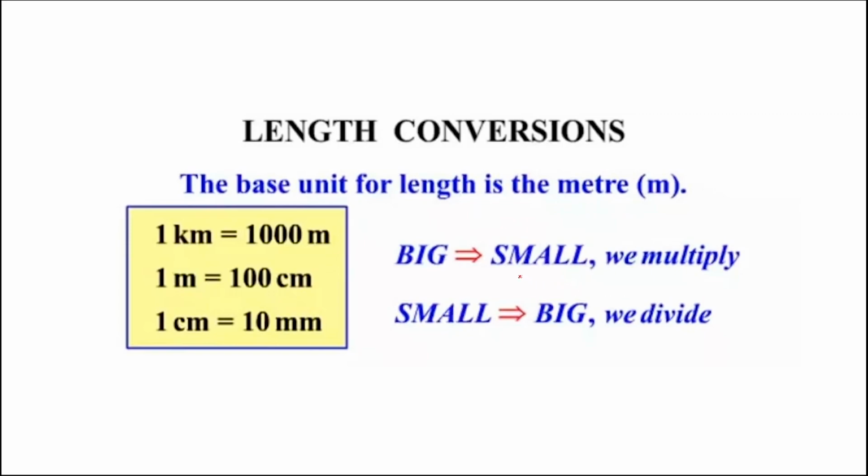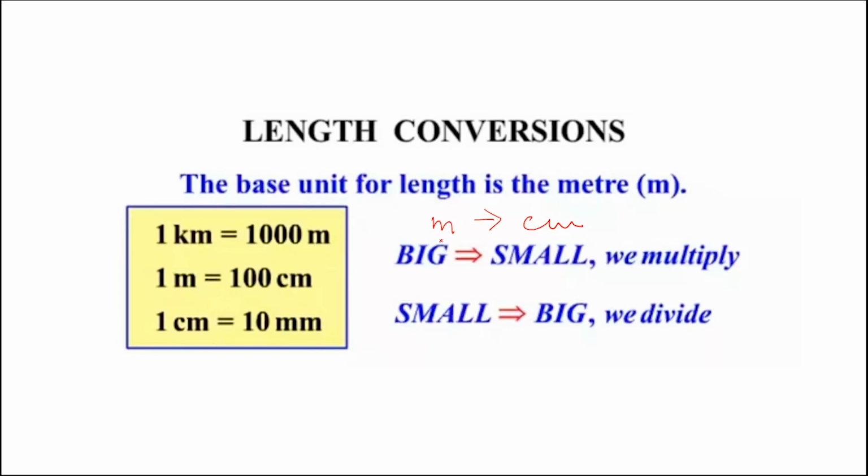Length conversions. The base unit for length conversion is meter. 1 kilometer is equal to 1000 meters, and 1 meter is equal to 100 centimeters, and 1 centimeter is equal to 10 millimeters. When we are converting from big unit to small unit, then we multiply. For example, if we are converting meters into centimeters, meter we know it's a big unit and centimeter is the smaller one.